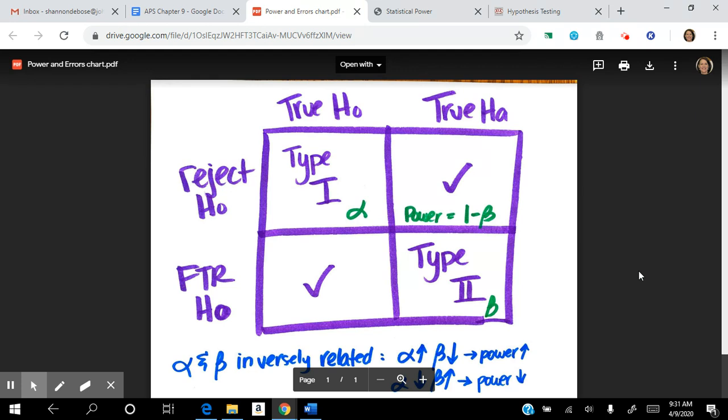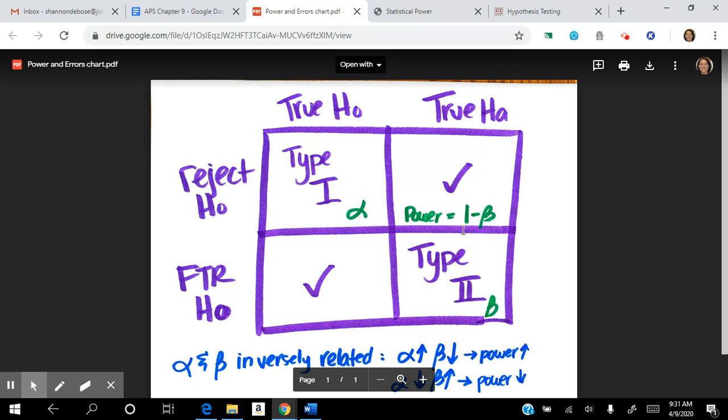The power is the probability of correctly rejecting the null when in fact the alternative is true. And the power is 1 minus beta. And beta was, if you look down in the lower right box, your type 2 error. So beta is the probability of a type 2 error, failing to reject the null when we should have.